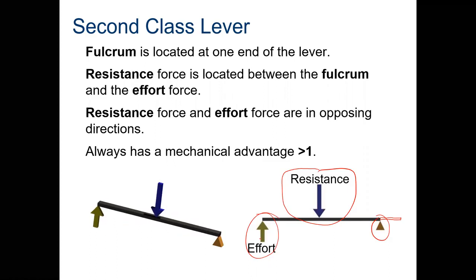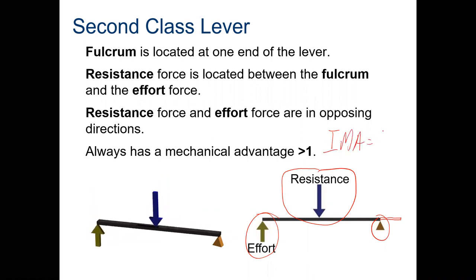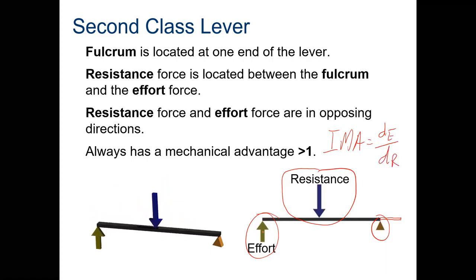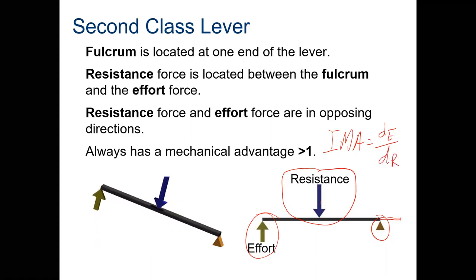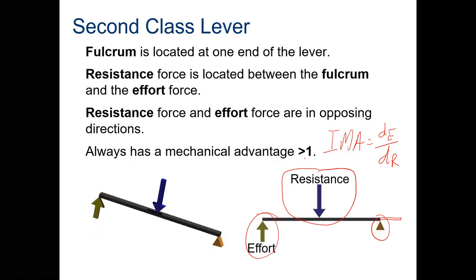So you have the effort force outside, then the resistance force, then the fulcrum. So with a second class lever, because of how the distances work, if we remember, IMA is equal to dE over dr. Well, dE must always be bigger than dr because it's outside of that. So in this case, our mechanical advantage is always greater than 1.